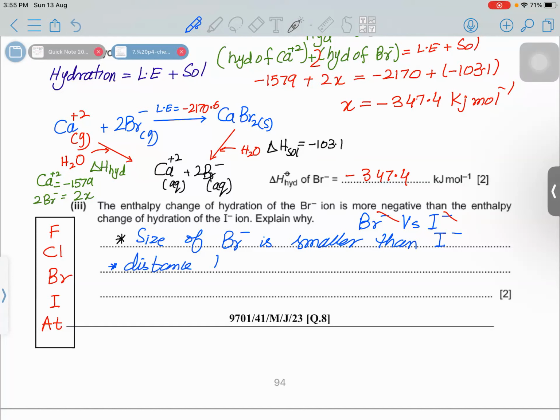Distance between, this is hydration. So hydration means water. Distance between Br negative and H positive of H2O is smaller.